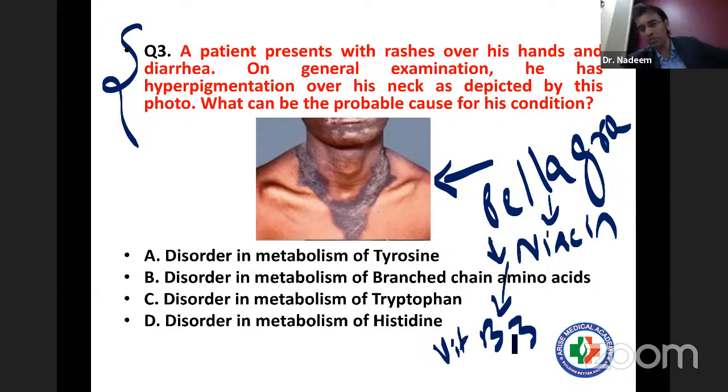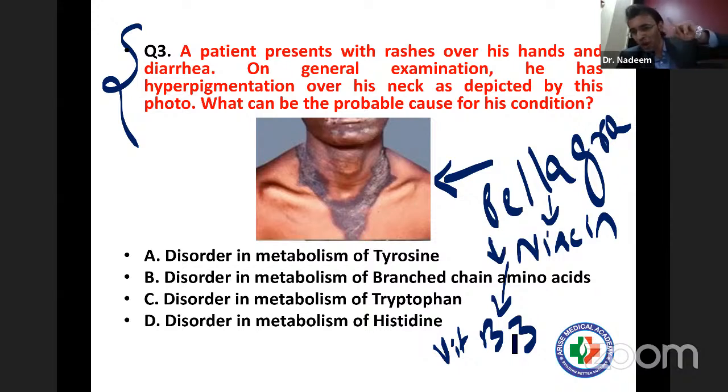Okay, fine, vitamin B3. But there is no option of niacin, because whenever you see this question, you anticipate there will be vitamin B1, B2, B3 or B12. But I have not given you the option of niacin. Now you tell me if you are able to correlate with metabolism of amino acids.